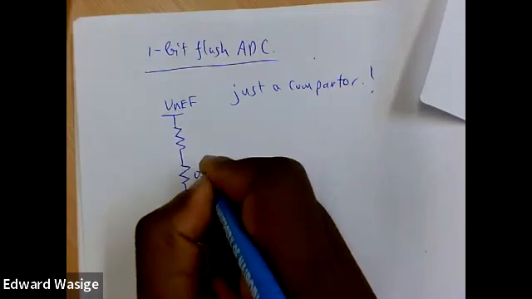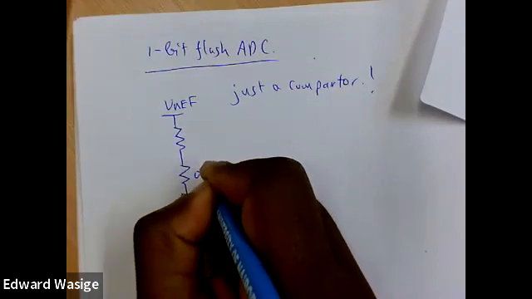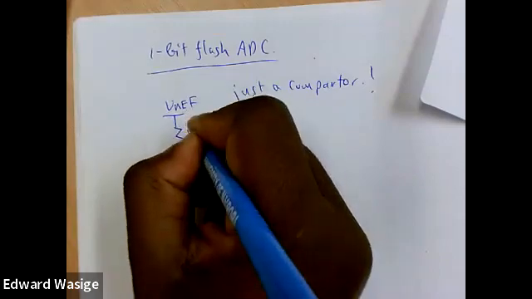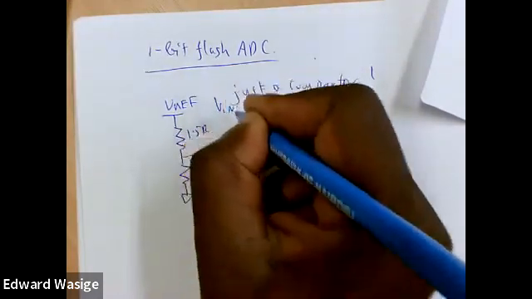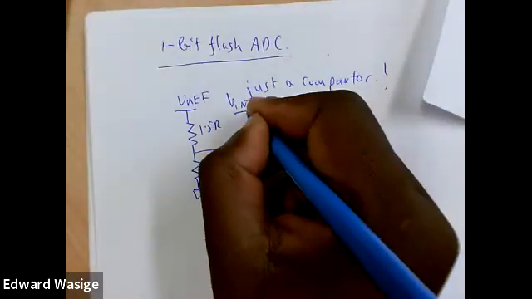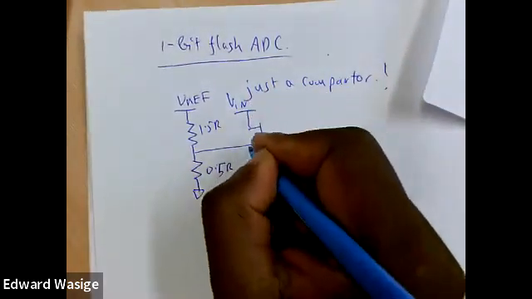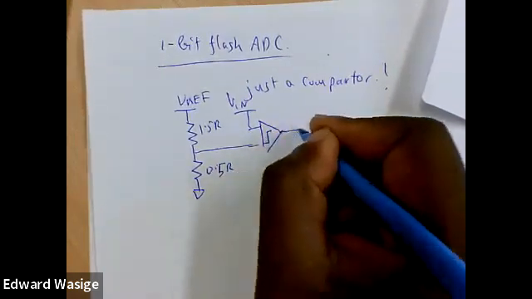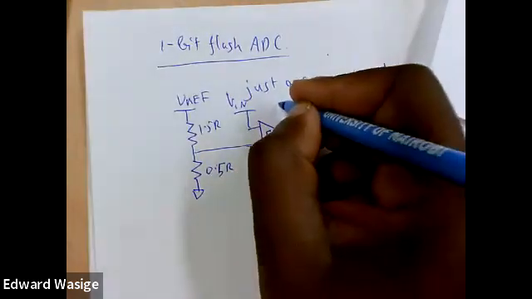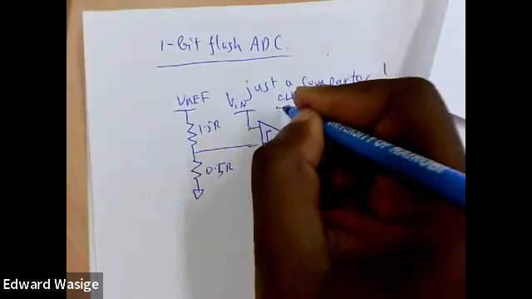and this is 0.5 R. This will be 1.5 R, and this will be an input voltage, and this comes into your comparator. And then you have your clock input there.